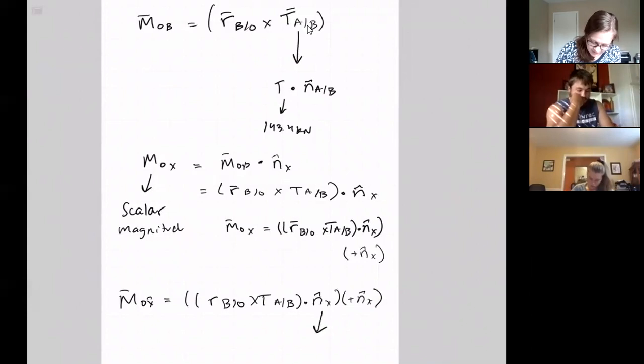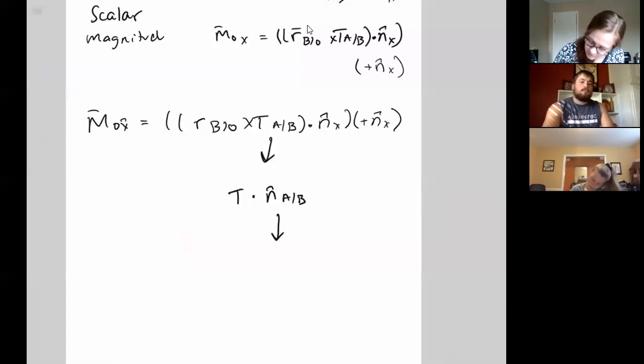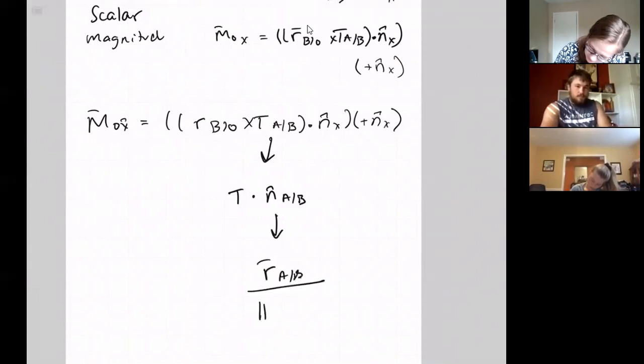And don't forget that we got this from T times the unit vector of A with respect to B, and we got n_A/B with R_A/B over the magnitude of R_A/B.